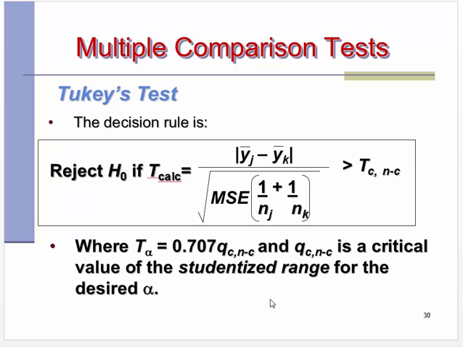The decision rule is you reject the null if the calculated t equals y j bar minus y k bar divided by the square root of MSE times 1 over n j plus 1 over n k is larger than t critical, where t alpha equals 0.707 times Q C, N minus C, and Q is the critical value of the studentized range for the desired alpha.